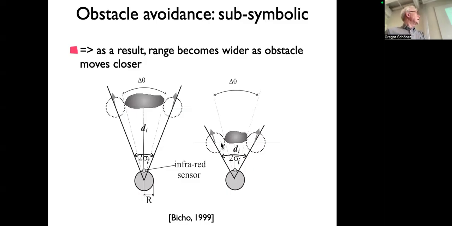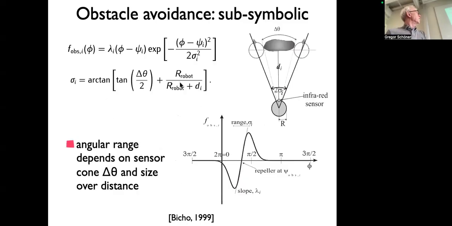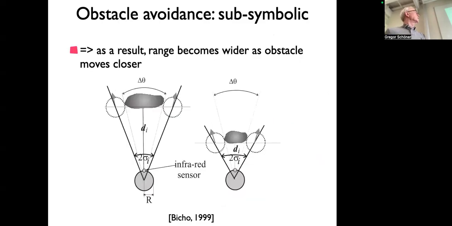And you see this in the formula, the distance shows up here. So if the distance is small, this term becomes large. And so the consequence is that as you approach an obstacle, the forcelets become broader. And that means sometimes there is a bifurcation happening, that before you thought there was an opening, but as you get closer, you see it's broad and it switches to not having an opening. That's actually a cool feature of this approach.